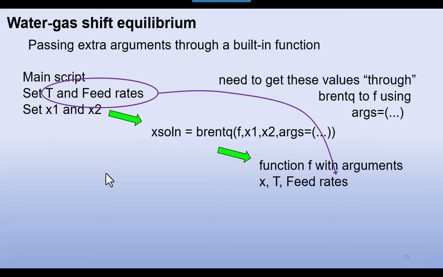So essentially, we're going to have a main script where we set the temperature and feed rates, 4 feed rates.